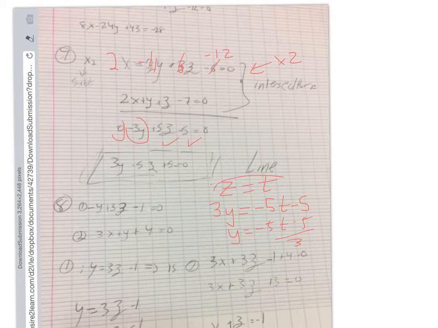And then z equals t, and so both of these now have to be put back into one of the original two equations to solve for x. And then you will have all three variables, x, y, and z, defined in terms of the parameter t. So in other words, you'll have a parametric equation for the line of intersection for these two planes. So unfortunately, question 7 is not complete.